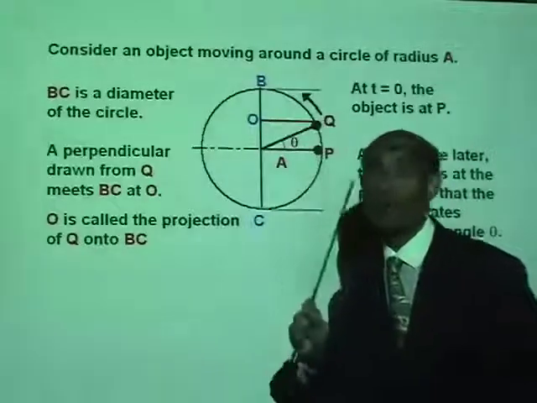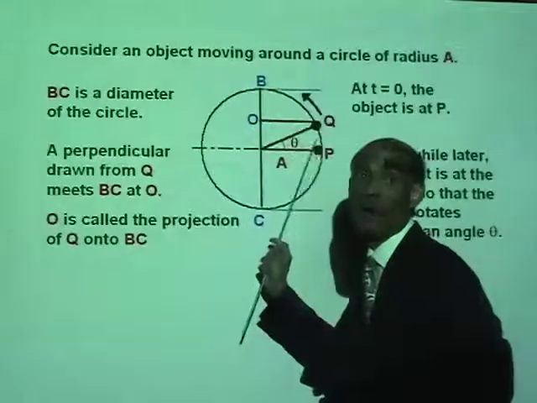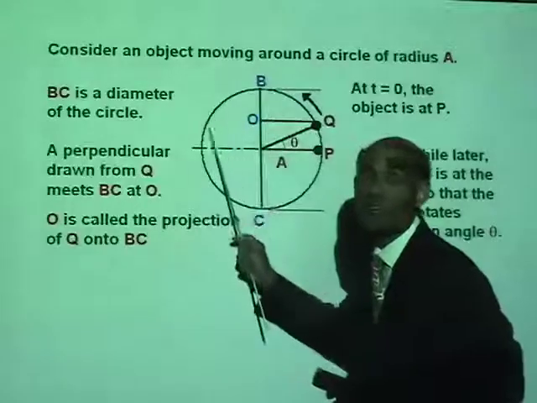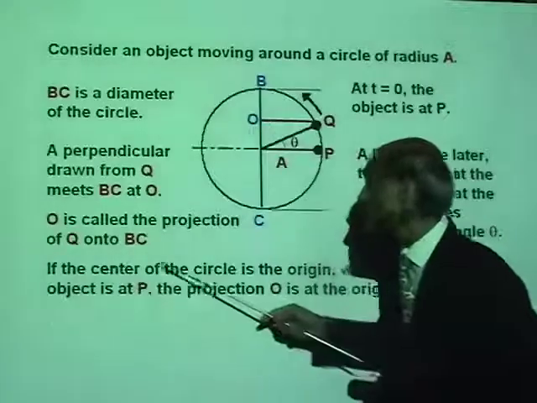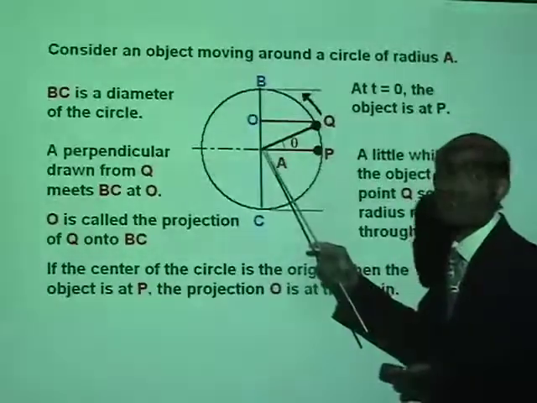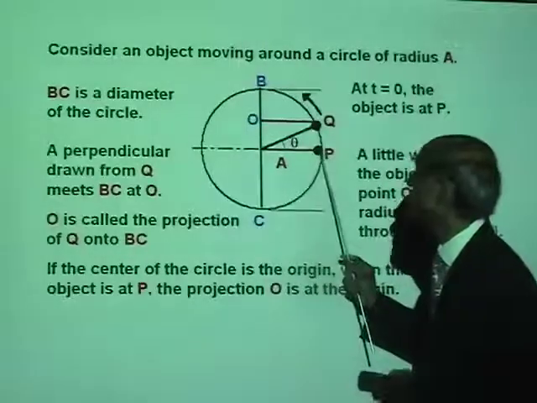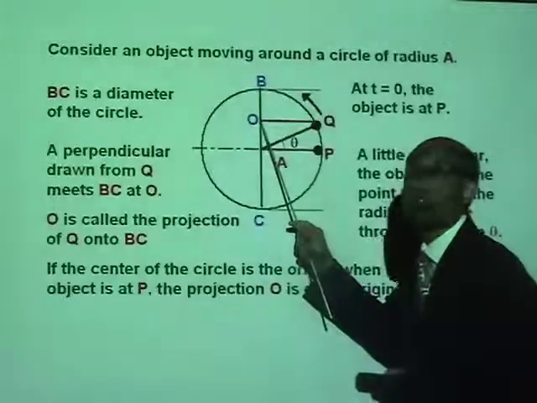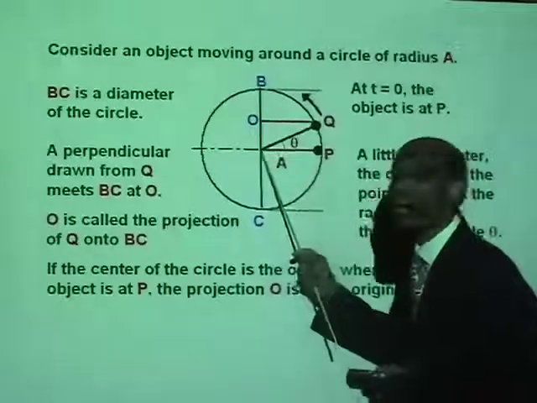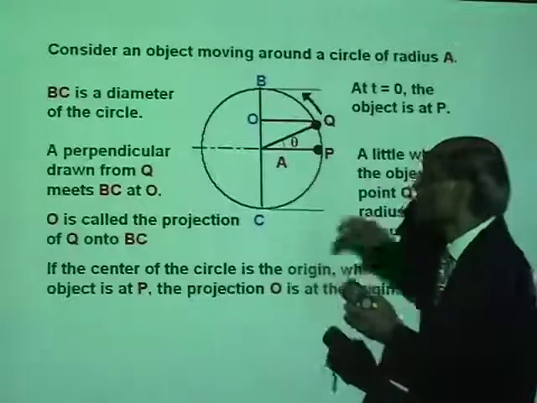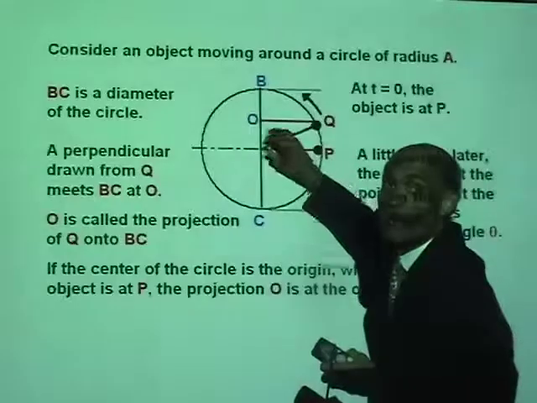Now I want you to follow the motion of this point O as the object continues in its path around the circle. If the center of the circle is the origin, when the object is at P, where will the projection be? The projection will be at the origin. If I show the light here, the shadow of P will be over here.